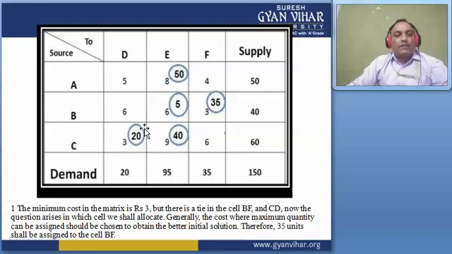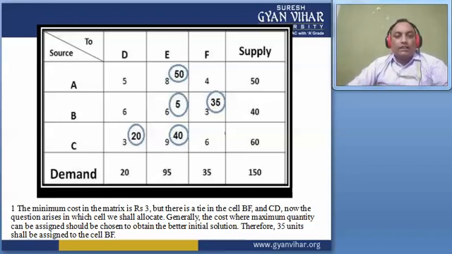The minimum cost in the matrix is rate 3, but there is a tie in the cells BF and CD. Now the question arises, in which cell shall we allocate?